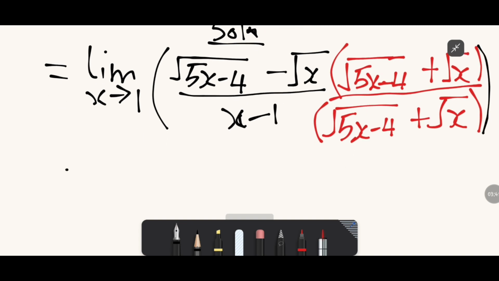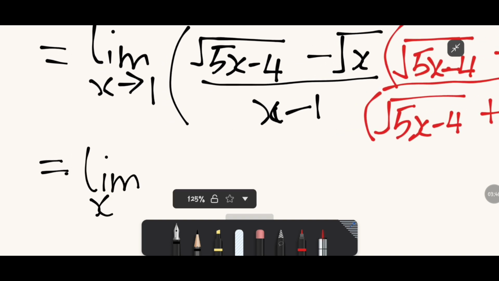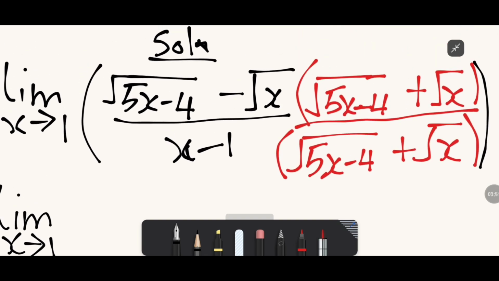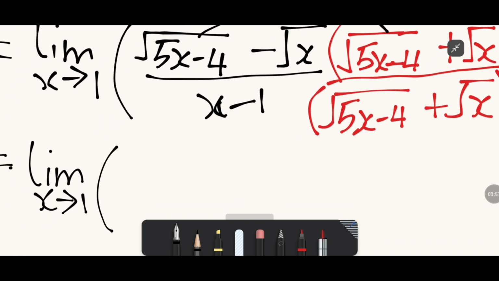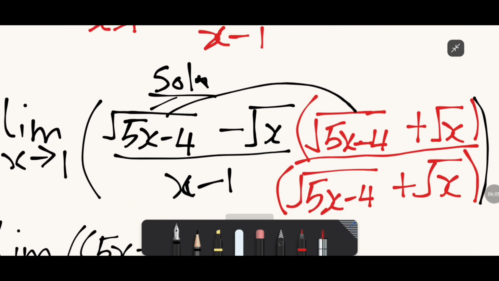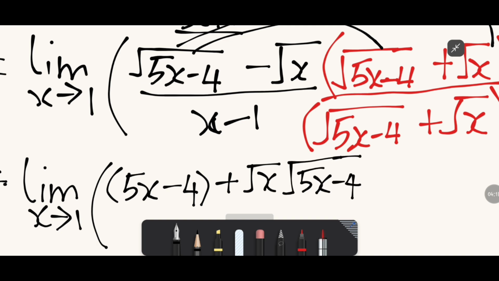So now we are going to be having limits as x approaches 1. Now, let's expand this. When we multiply this and this, we are going to be having 5x minus 4. When we multiply this and this, we are going to be having plus square root of x times square root of 5x minus 4.